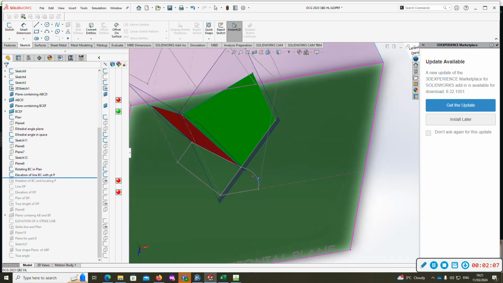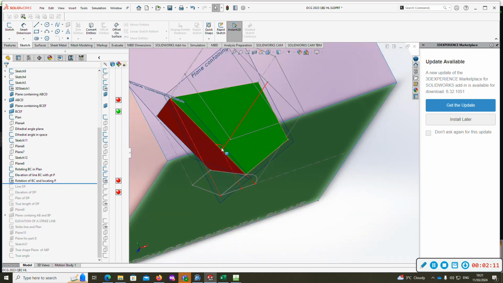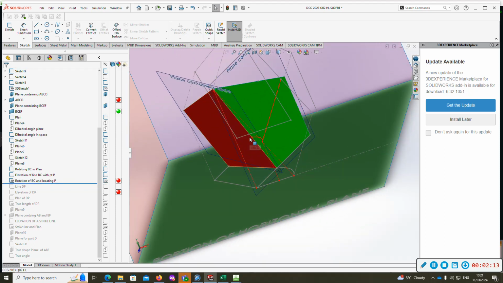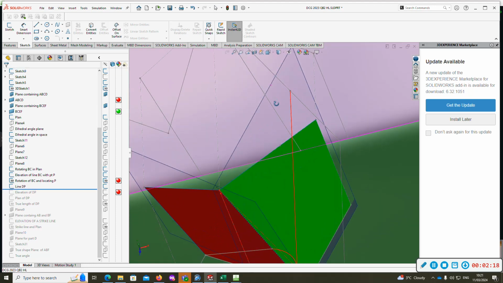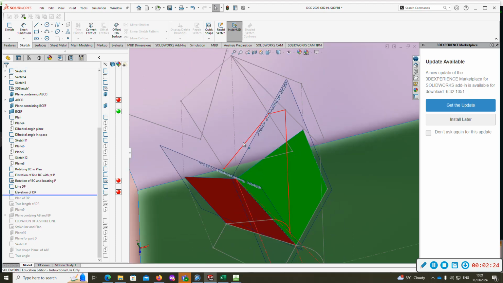You can rotate it in plan, so rotate it parallel to the XY line, put the point on the line and rotate it back in elevation, which is just going horizontal until it hits BC again, and then join it back.